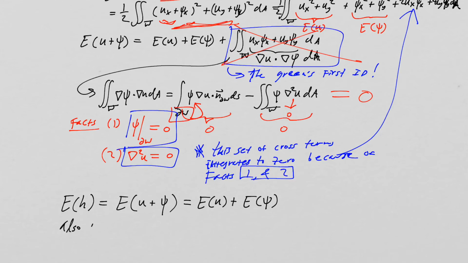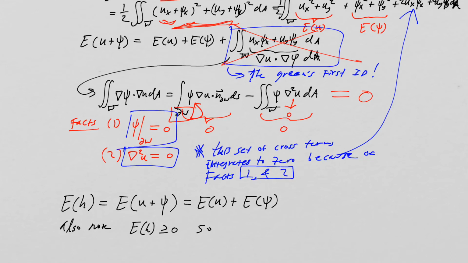Also, note that E for any function is always greater than or equal to 0, because we're integrating over a squared quantity. These are always positive quantities. It's a vector magnitude.